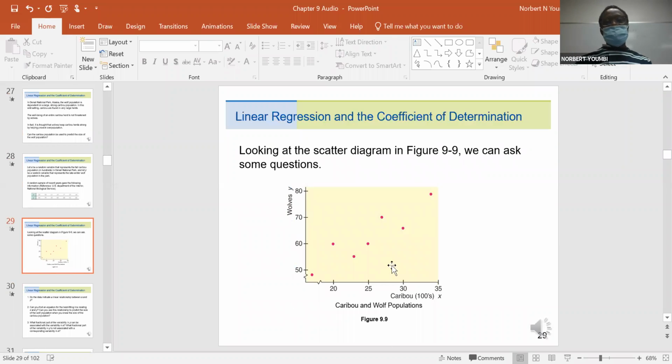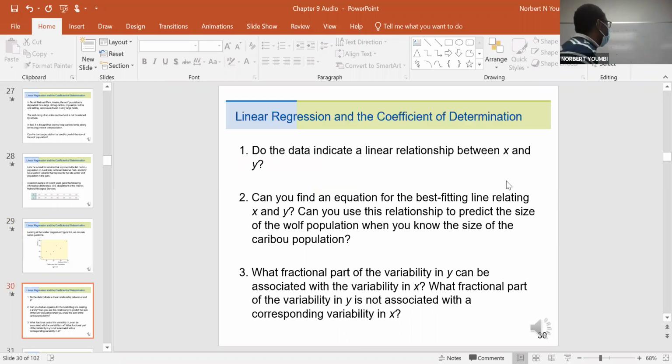So this is our scatter diagram. What you want to remember here is that a line is defined as y equal to a plus bx, where A is the intercept and B is the slope.